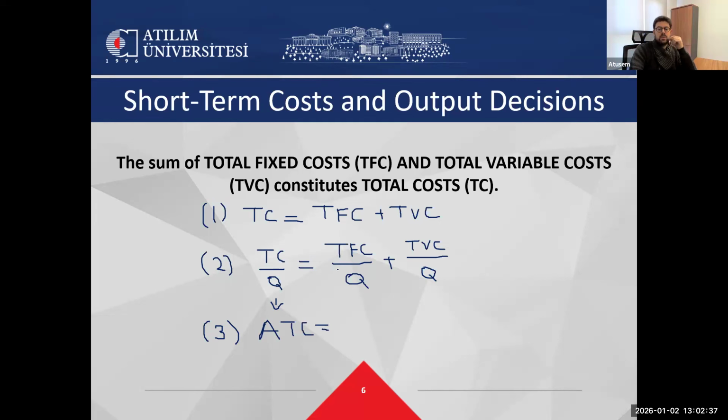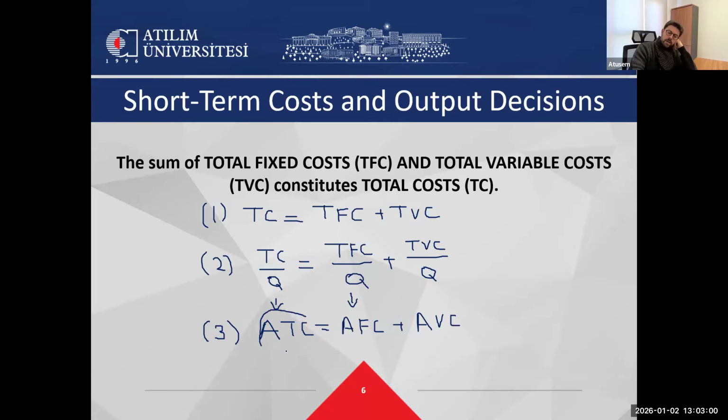So total fixed cost divided by quantity shows average fixed cost, plus, for dividing total variable cost by the quantity, average variable cost. Okay.